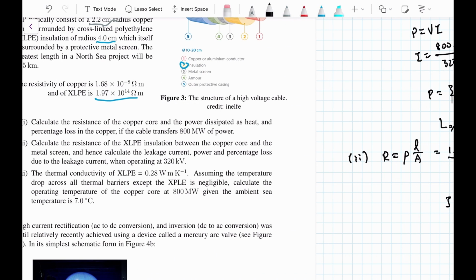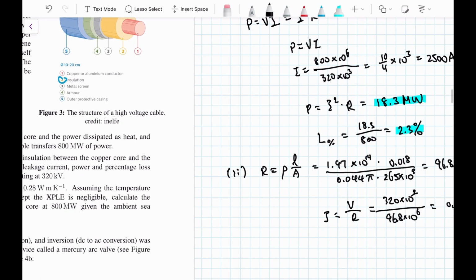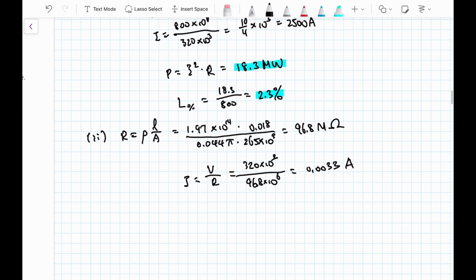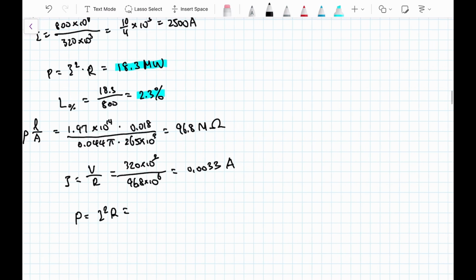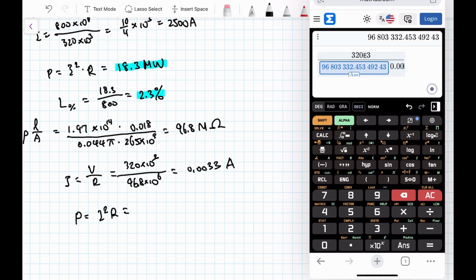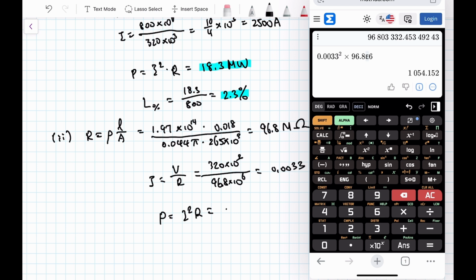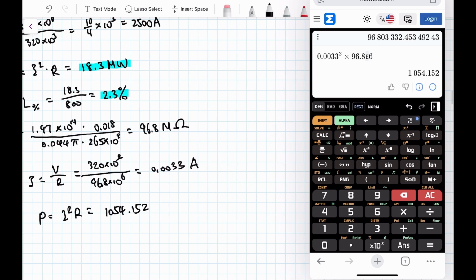And then the power would be simply I squared R, which is equal to 0.0033 squared times this, that is 1045, let's say just take all the decimal places, watts.